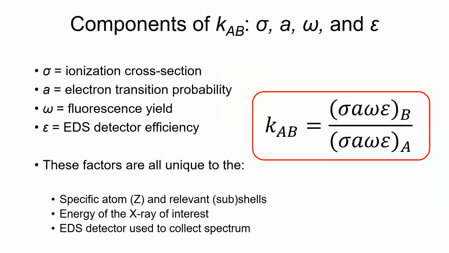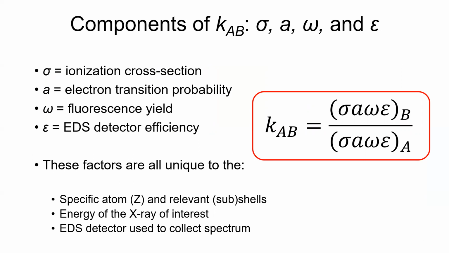Okay, so now that we've discussed what net counts means, we can get into the guts of the sensitivity factor, which are these 4 parameters: sigma, A, omega, and epsilon. So these refer to the ionization cross-section, the electron transition probability, the fluorescence yield, and the EDS detector efficiency.